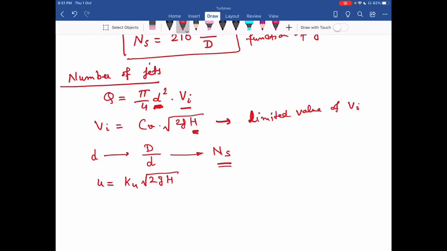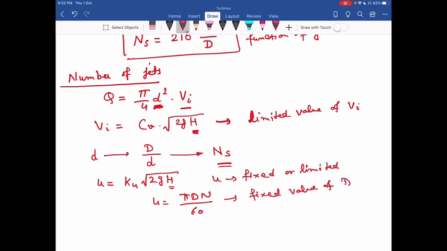So you can see for a fixed value of h, my U is fixed or limited. That means U is equal to pi d n by 60, so I have a fixed value of D. So as my specific speed Ns is limited, D is limited. So that means I have a limited value of D.